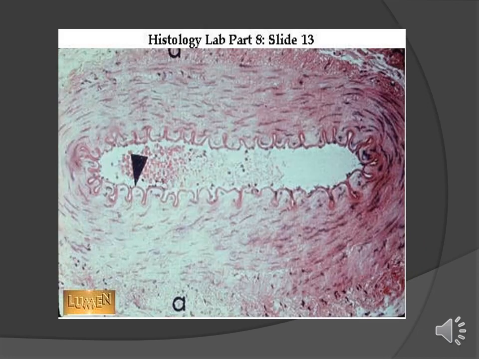Again, a muscular artery. Note the tunica intima. The tunica intima is usually a very thin layer, not visible at low magnification. The thick tunica media contains smooth muscle cells. We can see here elongated nuclei of smooth muscle cells.